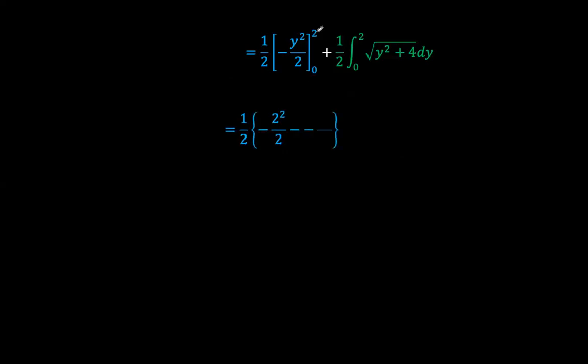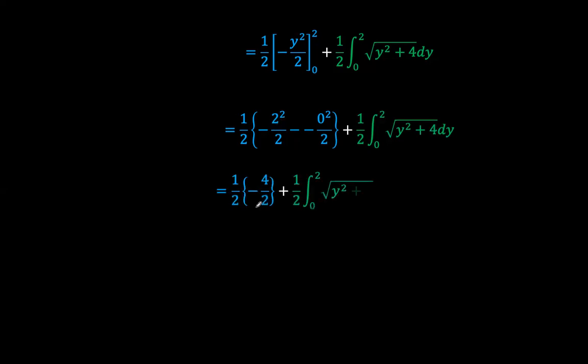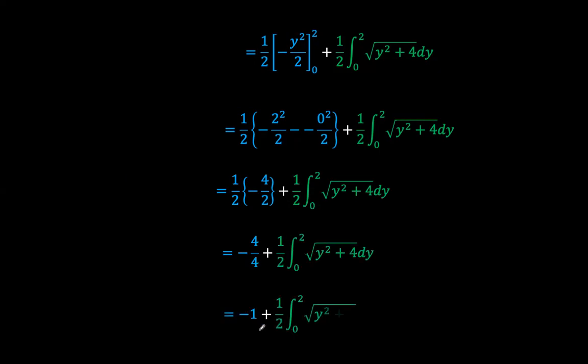So we have 2 squared over 2 minus 0 squared over 2, negative, and that means we have half times negative 4 over 2, which is the same as negative 4 over 4, so it's negative 1 for the first integral.